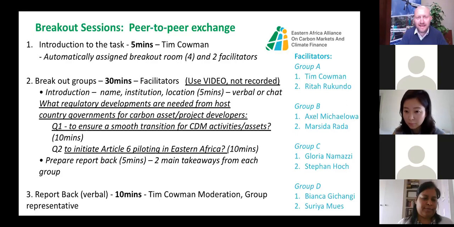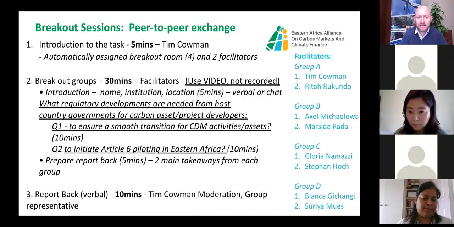In those groups, just do a very quick introduction, as there should be around 10 people per group including the facilitators, and then discuss 2 questions. You can focus on one of them or both. Both explore the theme that has emerged throughout this morning, particularly national level preparation and the different pressures or opportunities for national governments within this region.